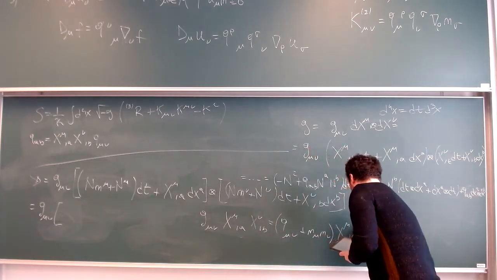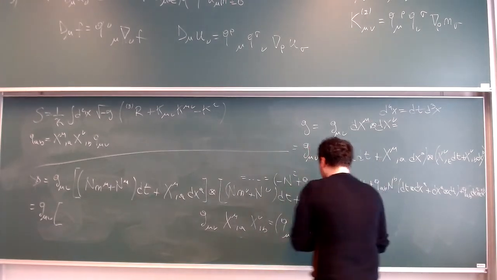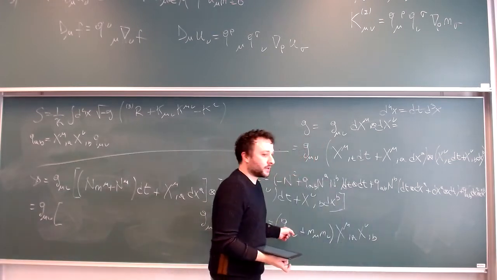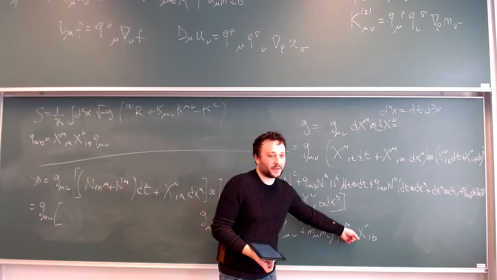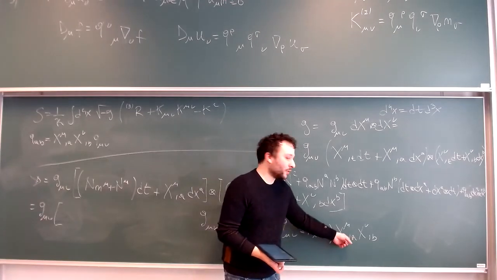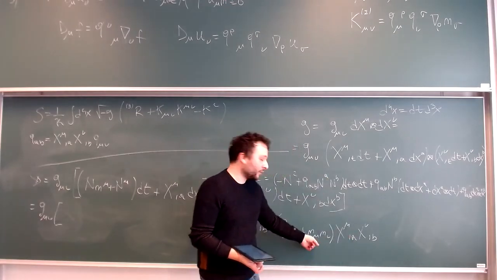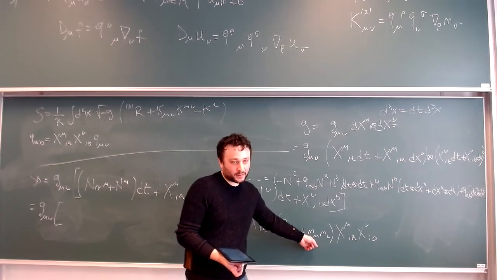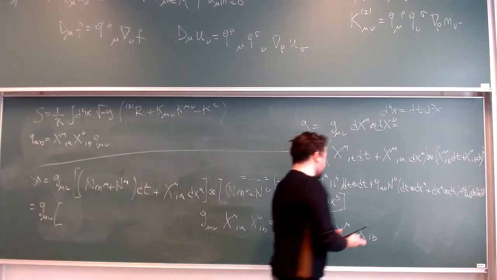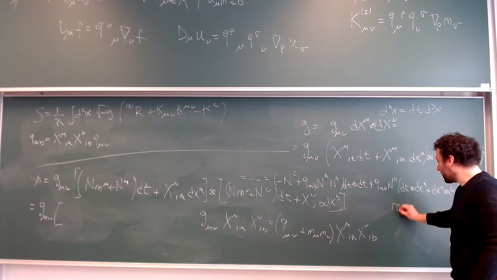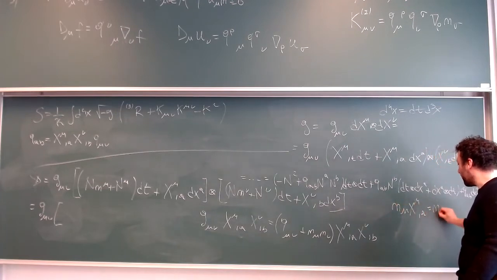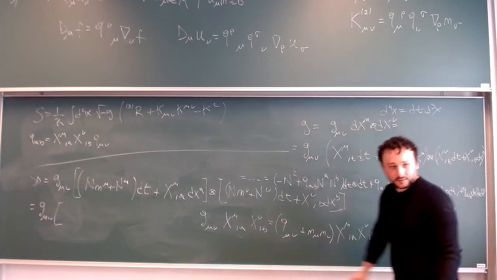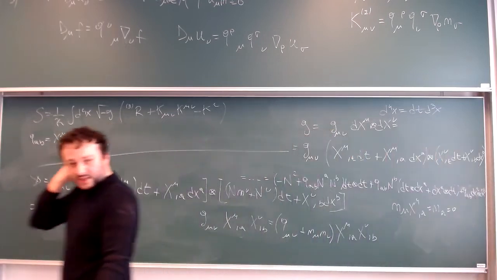Now of course this gives q_ab, but this will be 0 because it's just the pullback onto sigma of a normal vector. So n_mu x^mu comma a equals n_a equals 0. That's the point.